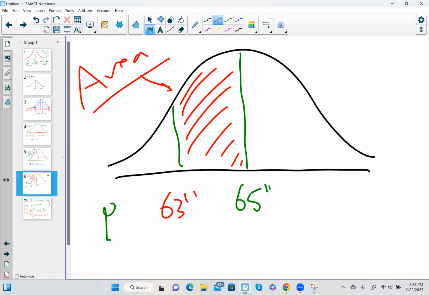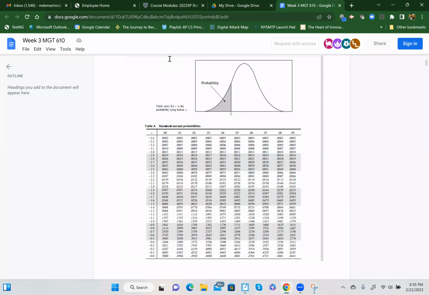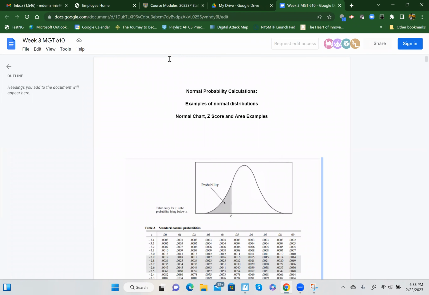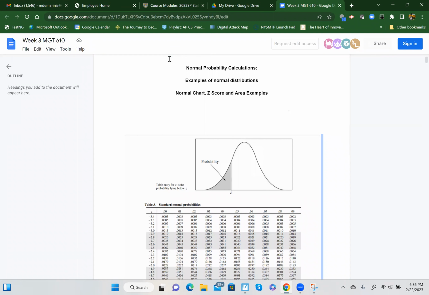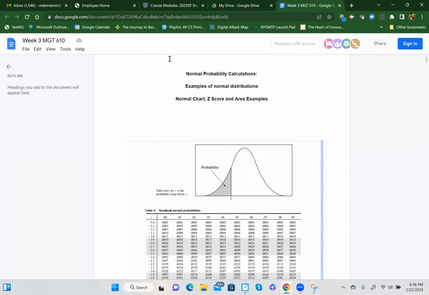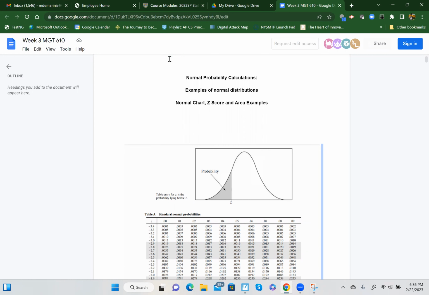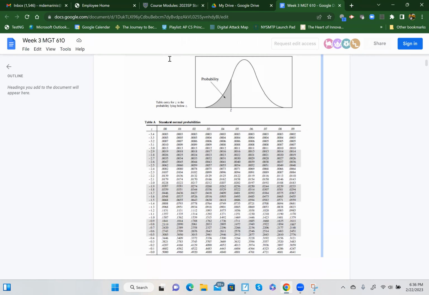All right, so let's go back to that document that I shared with you. What you'll notice is, here's the title: Normal Probability Calculations, Examples of Normal Distribution, and so forth. There's some words here. It says normal chart, right? It says z-score and area examples, whatever that is. And by the way, I should make a comment. This is in week 3 notes.